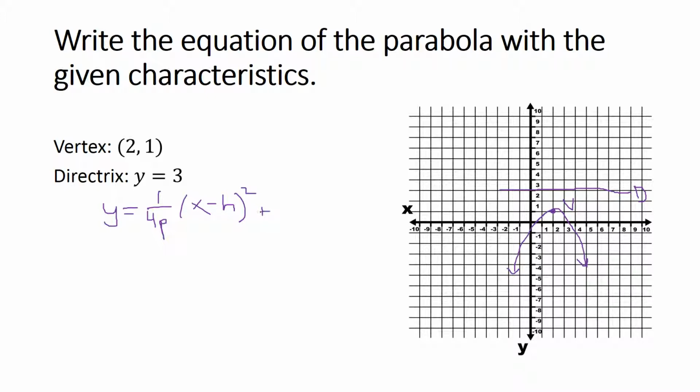Now I can start with the vertex. This is vertex form. My vertex is at (2, 1). The graph has shifted to the right 2 and up 1. So I'm going to have x minus 2 squared plus 1. Now to find the a value, 1 over 4p, I need to look at how far apart the directrix is from the vertex.